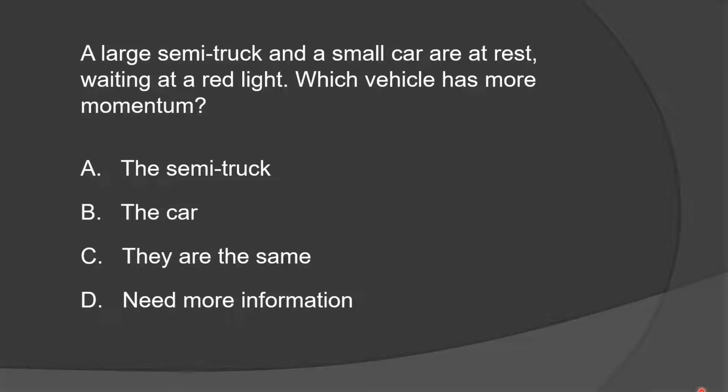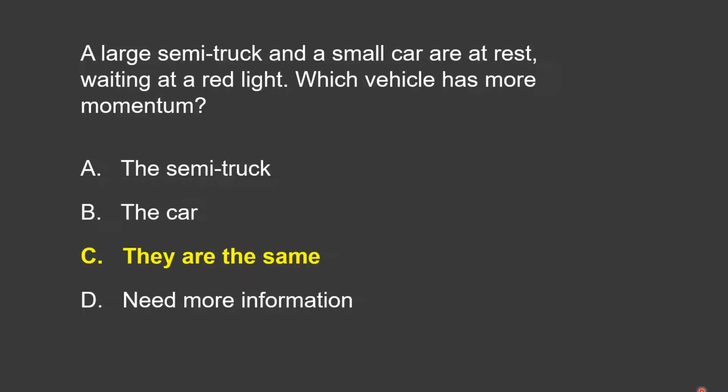The second question, we had a large semi-truck and a small car at rest. Which vehicle has more momentum? Have you changed your answer on this one? The answer is they have the same momentum. Let's consider why.